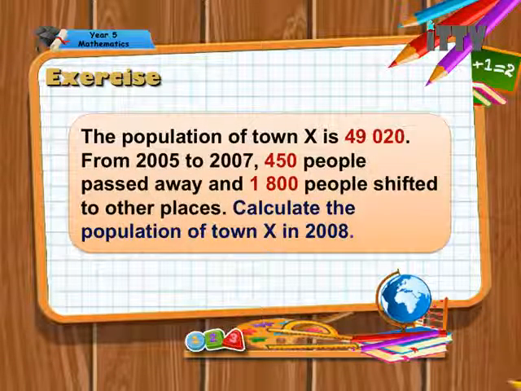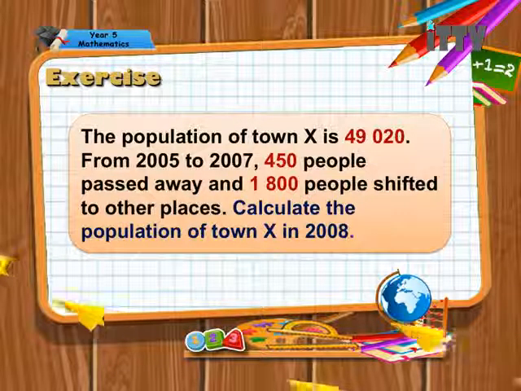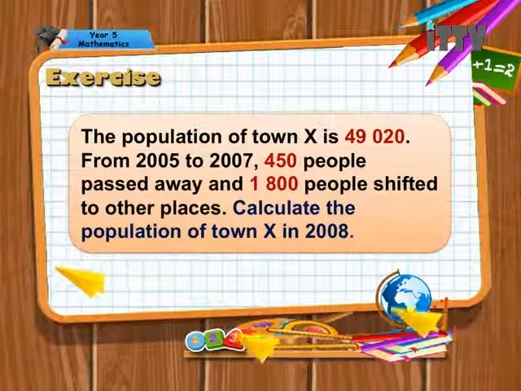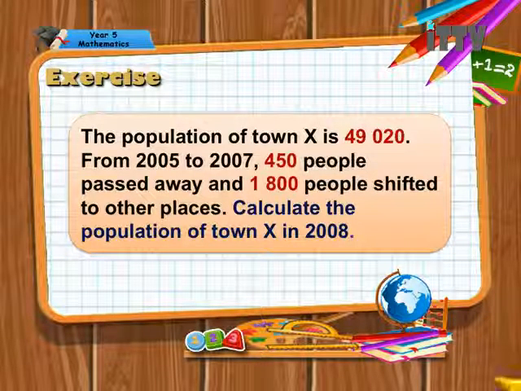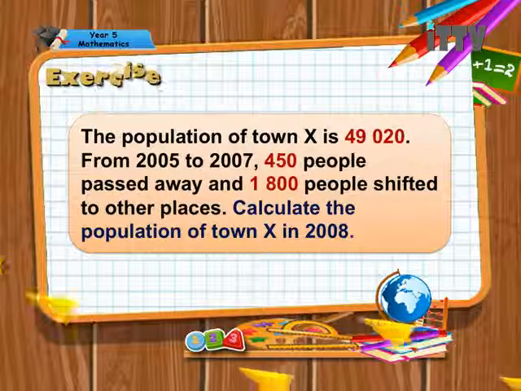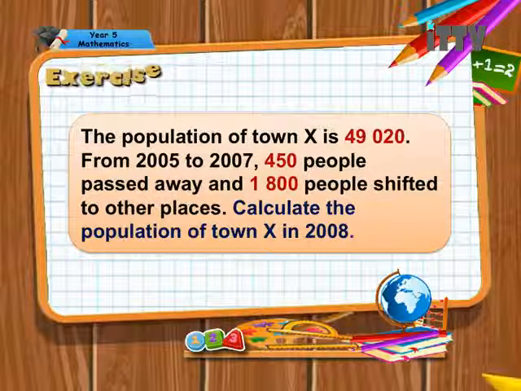The population of town X is 49,020. From 2005 to 2007, 450 people passed away and 1,800 people shifted to other places. Calculate the population of town X in 2008. Do you want me to read that again?